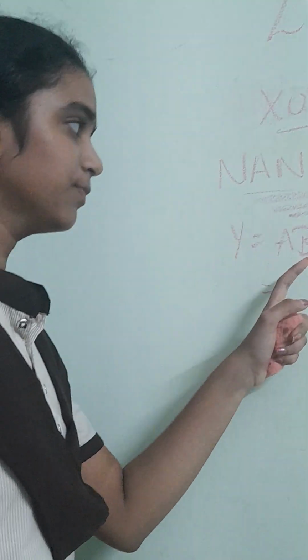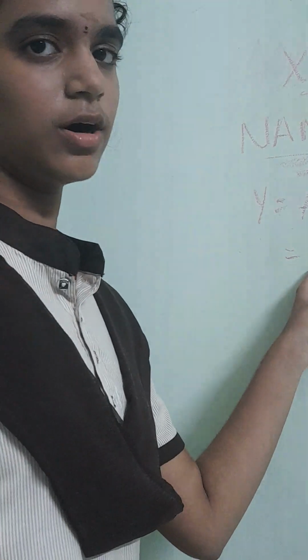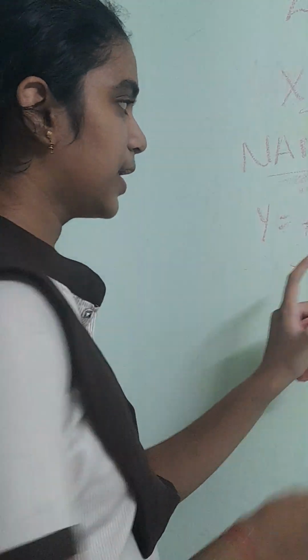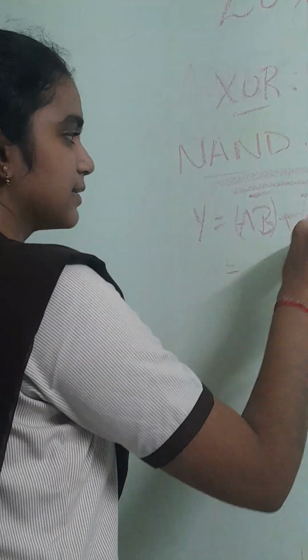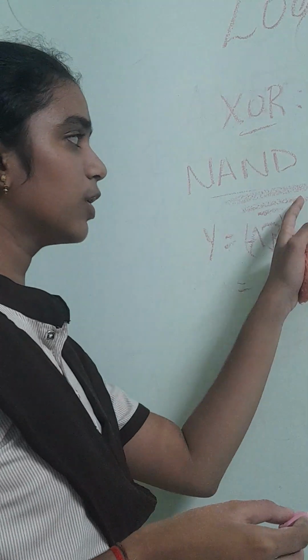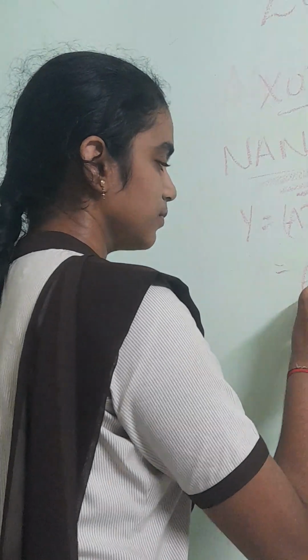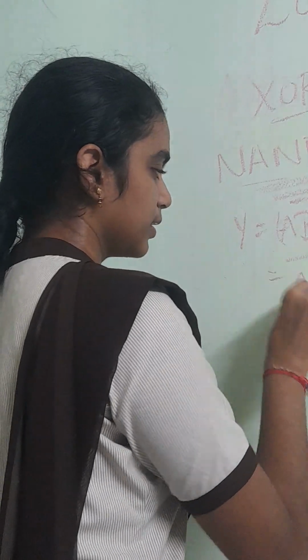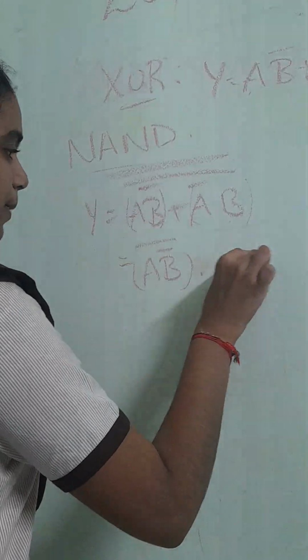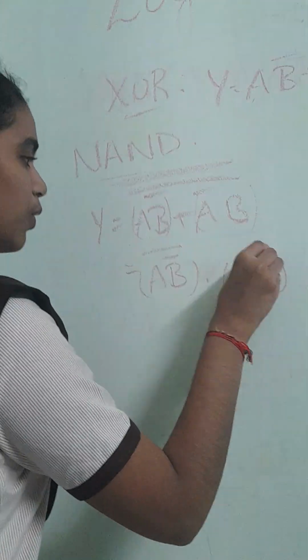So from De Morgan's law, we know that A plus B whole bar. Let's consider this as A and this as B. So A plus B whole bar is equal to A bar into B bar. So A bar into B bar whole bar.